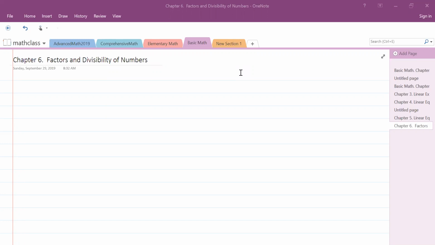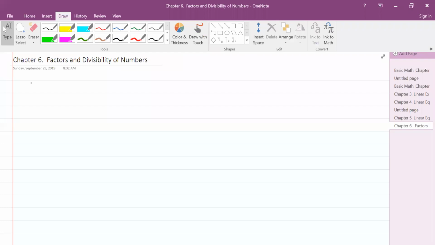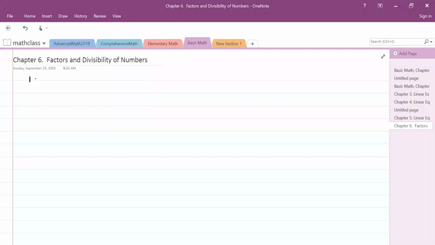First of all, given a number, sometimes you want to figure out what numbers it is a product of. It's a reverse procedure. For example, we know that 12 is 3 times 4.